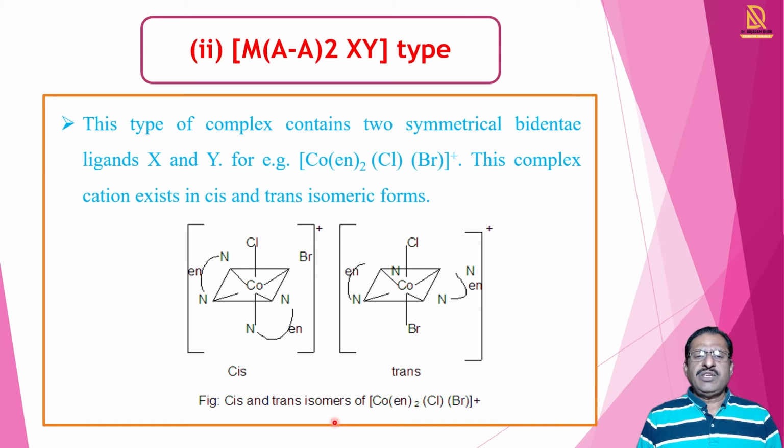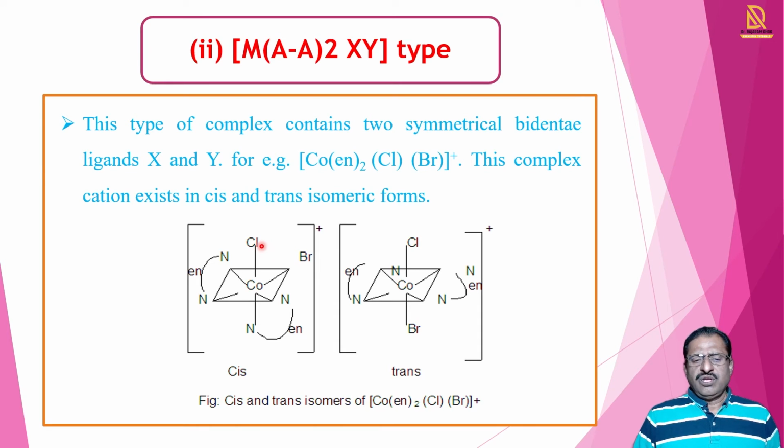Now the second type, MAA2XY type. This is the same type as the first, but instead of X2 we have taken X and Y. X and Y mean two different negatively charged ligands, for example, Cl and Br. So we only change Cl and Br here. This is different, but it is the same type.